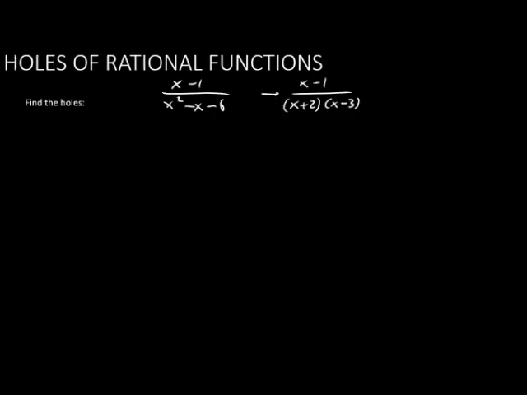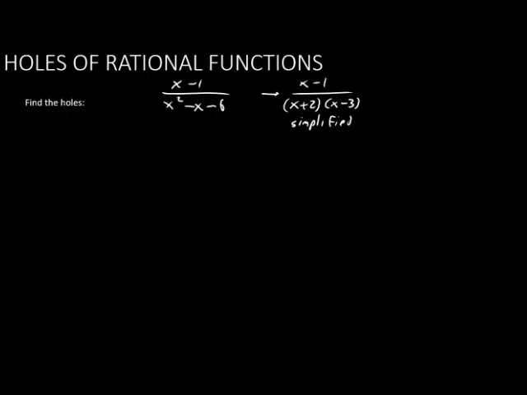If we want to find the holes of this rational function, we'll look to the simplified form we just found. In the simplified form, we're going to look for any terms that are on the top and bottom and identical. If we look to this rational function, there are no terms on the top that also appear in the bottom.